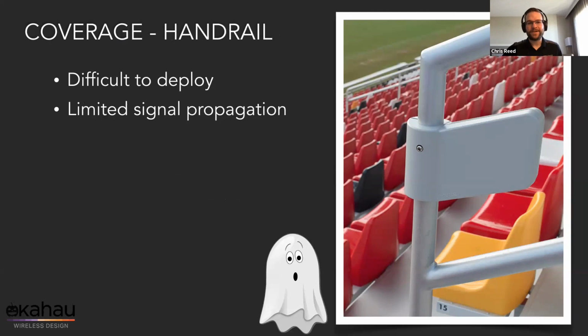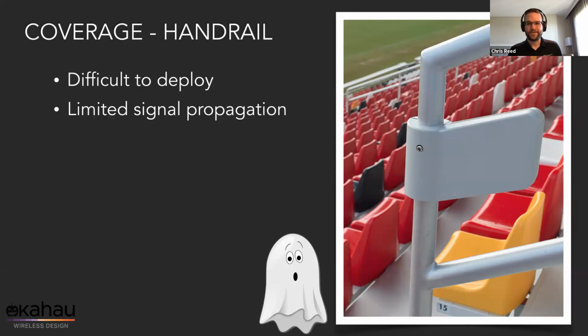Yeah, absolutely. Handrail can work in certain scenarios, but you are 100% at the mercy of wherever the architect put the handrails. And as we know from where architects place APs, we don't necessarily want that. So you've got limited mounting locations. If your sections are more than, I don't know, 20 seats wide, maybe, you've got these wide gaps in the middle that just aren't going to be serviced well by a handrail-only deployment.